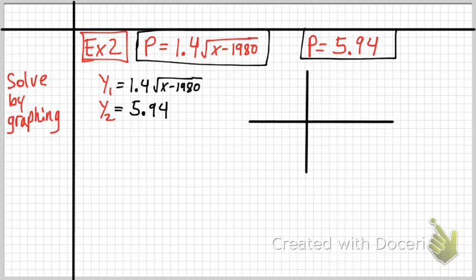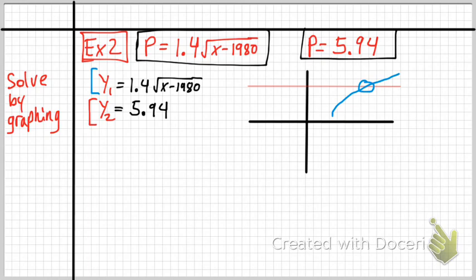What you'll see is some line representing our second function, y2, and then you'll see the curve of your original function here. And you'll see that it intersects at some given point. And that's going to be where a solution occurs.